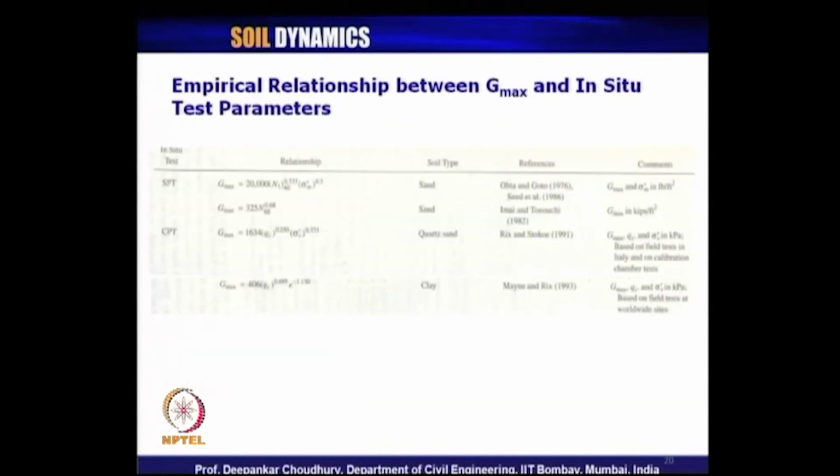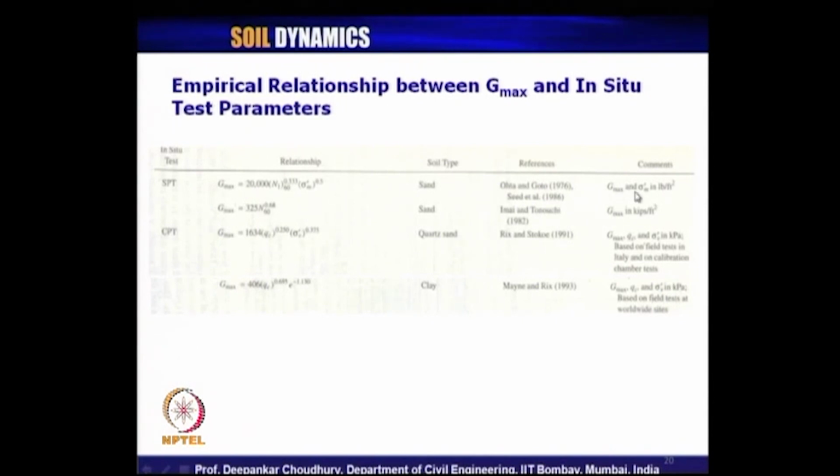Some more empirical relations between Gmax and other in situ test parameters are given here, like from the SPT test, static SPT test, where the relationship is given in terms of N160, the corrected SPT value. For sand only, it was proposed by Ohta and Goto in 1976 and Seed et al. in 1986.